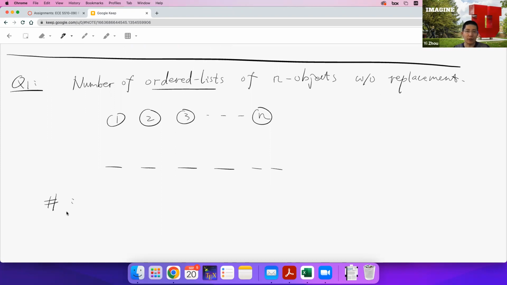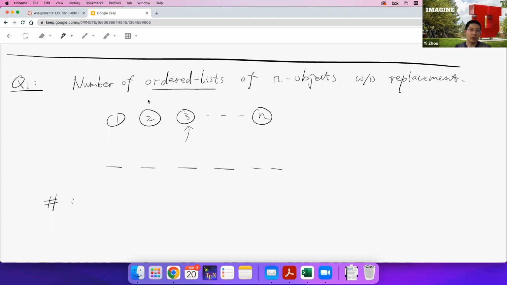You can calculate the number of different ordered lists by following this process. If you want to place N different balls into N different positions, you start with a certain ball. Let's say you pick any one of them, let's say 3.